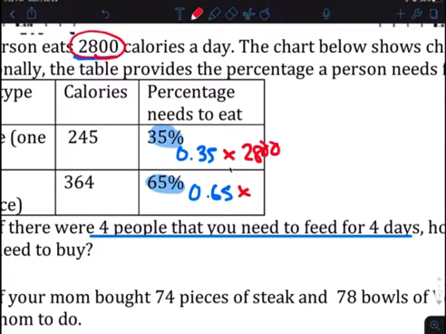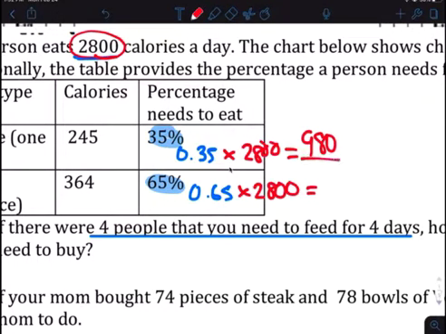Okay. So multiply it. Use your calculator. 0.35 times 2,800 is 980.